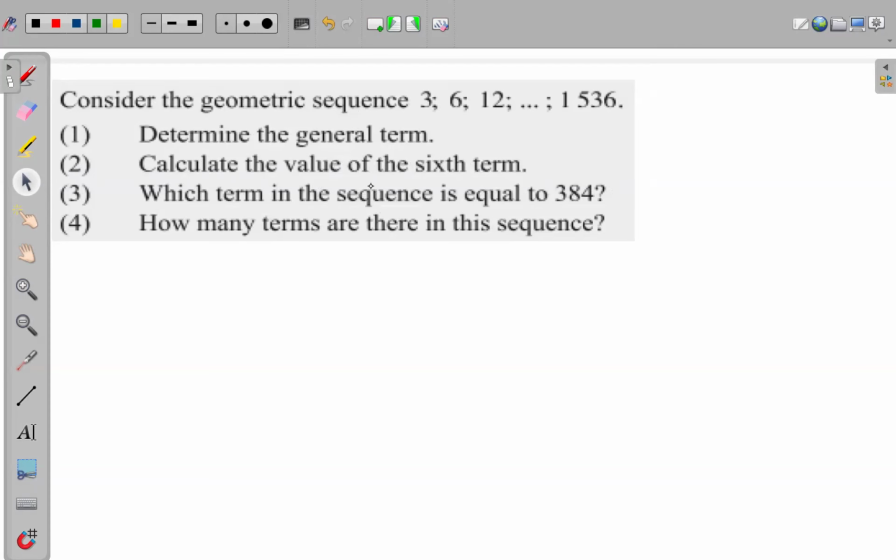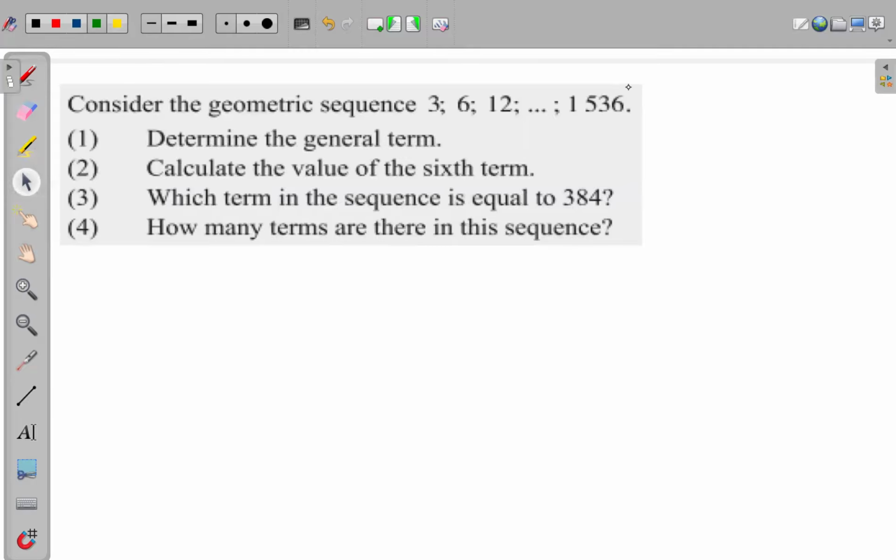We are told to consider the geometric sequence 3, 6, 12, and so on up to 1536. There is something that I mentioned when we spoke about the linear or arithmetic sequence. I said whenever a last term is given, you must know that you can equate that last term to the general term.